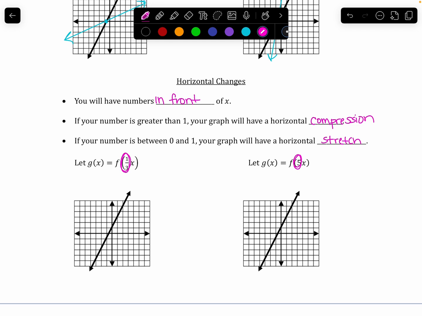The graph is expanding, but it's expanding left to right, not up and down, so it's actually getting longer. If I take my piece of gum and I start to squish it back together, it's going to get compressed and it's going to get bigger as I do that. So you're going to have a horizontal compression. And we'll see what that looks like in Desmos. So because these are also in front of x, you're going to see that your y-intercept does not change, similar to when you have a y-axis reflection.